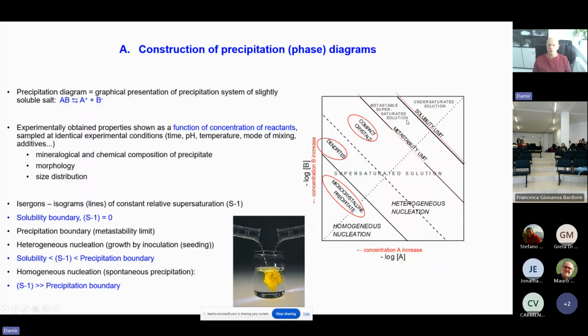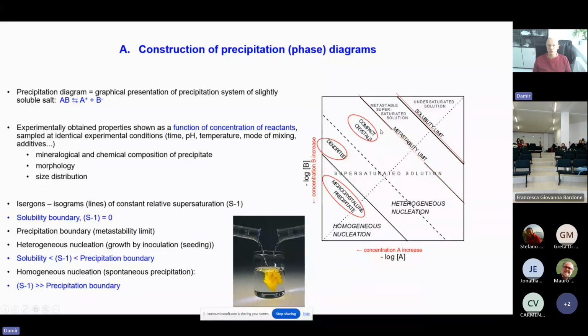In a real system, no precipitation will be observed here either. This is called the metastable region, and this line is called the metastability limit or precipitation boundary. Within this region, the solution has very low supersaturation.